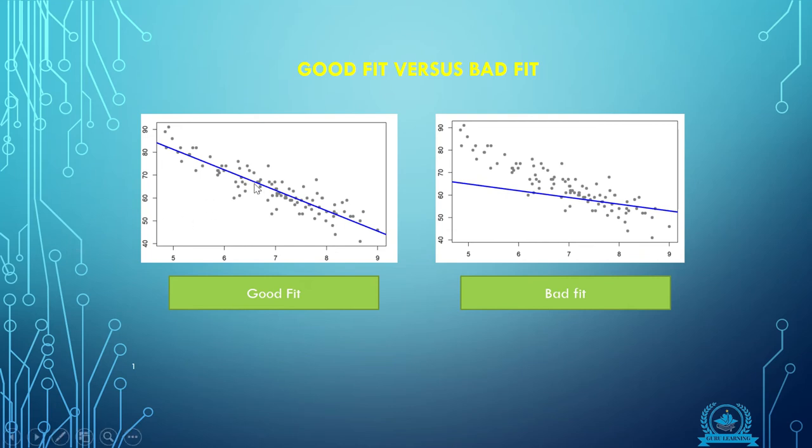As you can see in the first figure, the straight line passes through the middle of most of the data points, so this is a good fit line. Thus, it has a good prediction accuracy over the badly fitted straight line shown in this figure. A model that doesn't generalize well is a bad fit model.